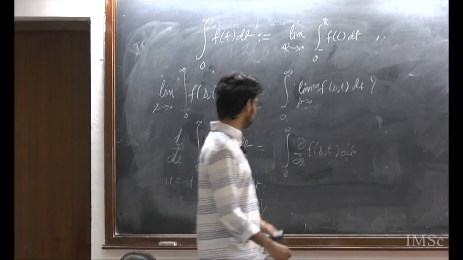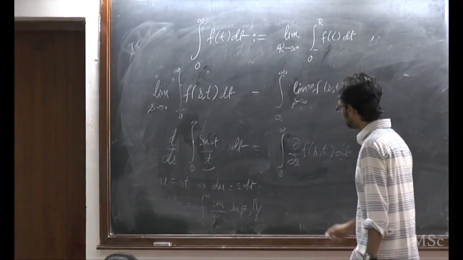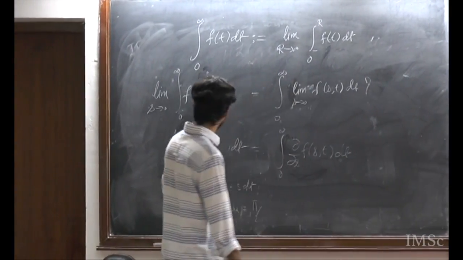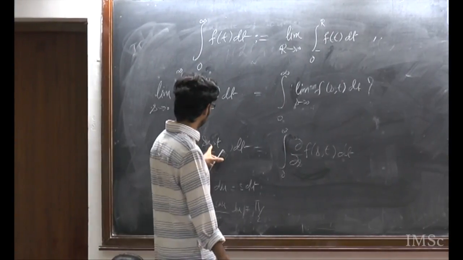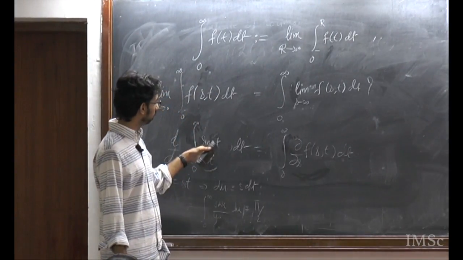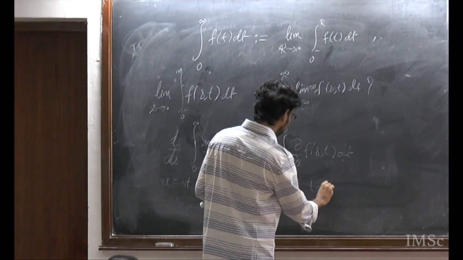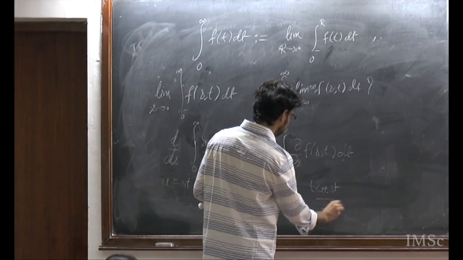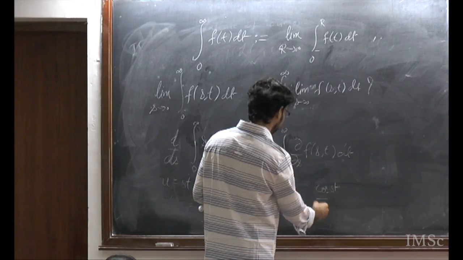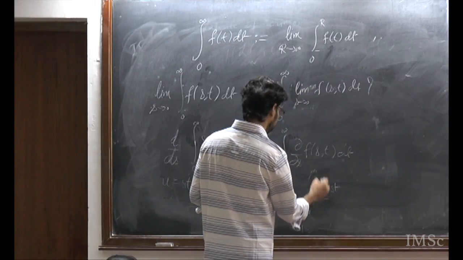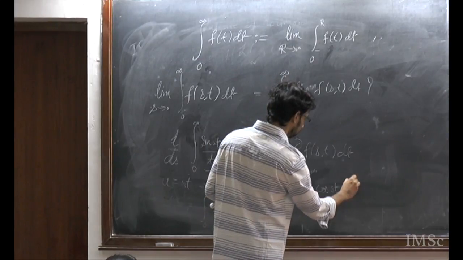Now let's check the right hand side. You are differentiating, so you take the partial derivative of sine of st, so you get t cos st by t. So t goes away and you have the integral from 0 to infinity of cos st dt.